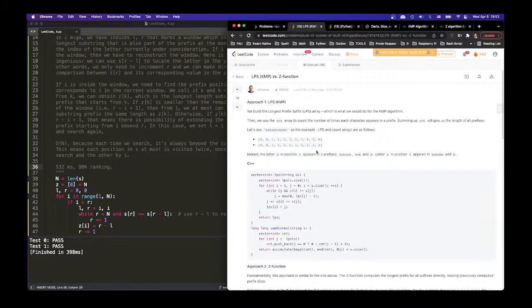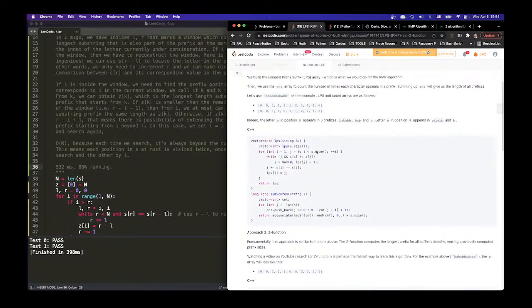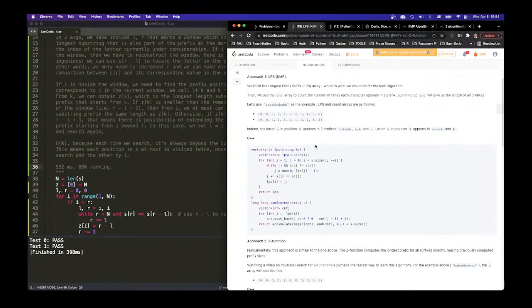So if one is in 3 prefixes, how does that help? We're in this, and we're in this, and we're in this, right? And the one before it is in this and this.